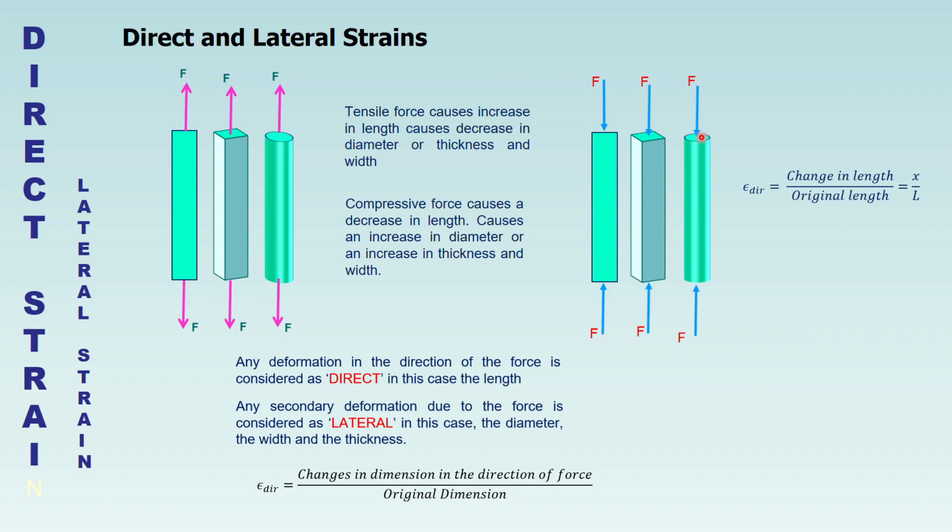In this case it is the change in length divided by the original length. This is the direct strain. So the change in length divided by the original length gives you direct strain.